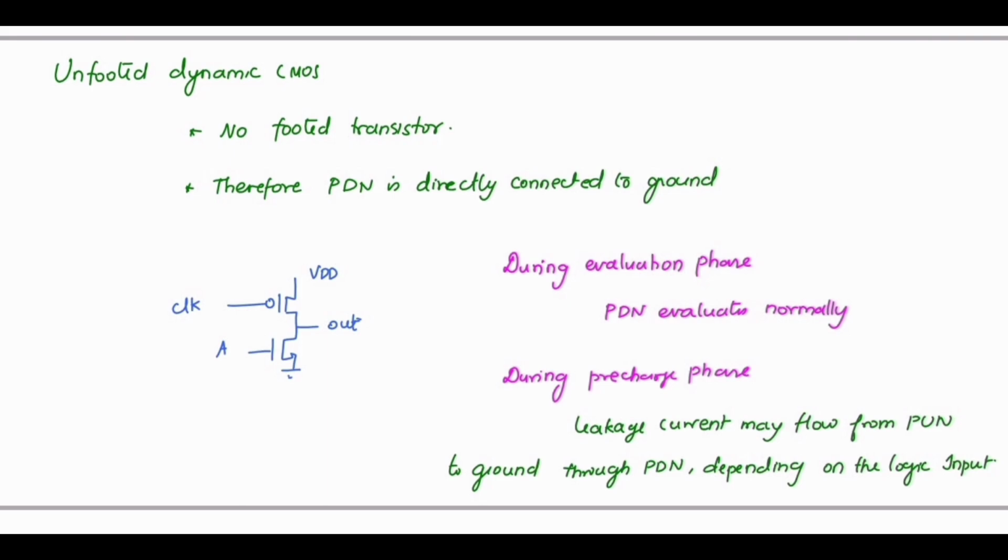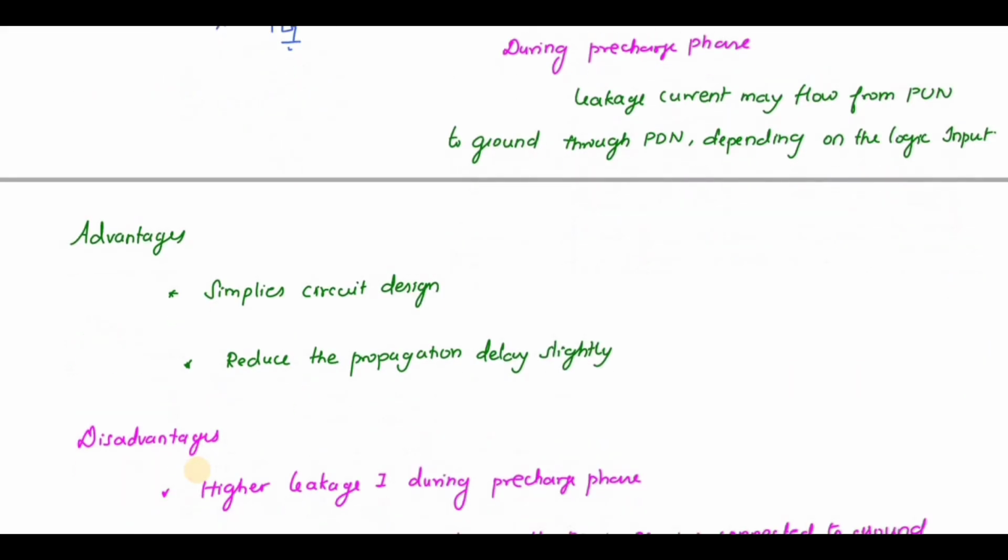Otherwise, it will be open circuited. During the pre-charge phase, the clock value is 0, and VDD is connected to out. So if the A value is 1, there will be leakage current that flows from VDD to ground.